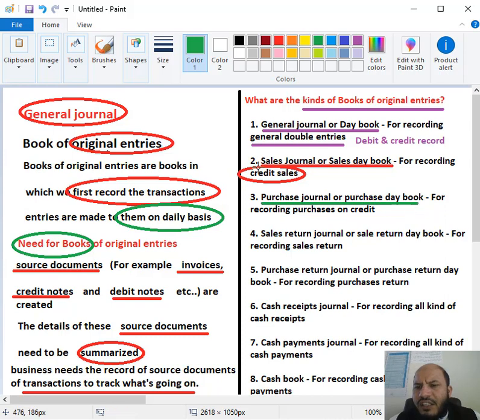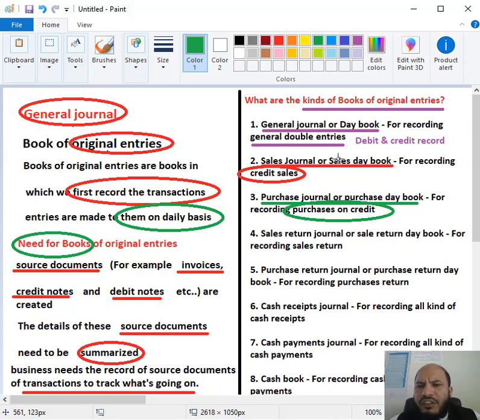Here in this book we will record the purchase transactions, but only those that we have taken on credit. I mean all those purchases that we conducted on credit basis, which we can also call accounts payable. So in the purchase journal we will record the purchase transactions, but these transactions should be on credit basis.